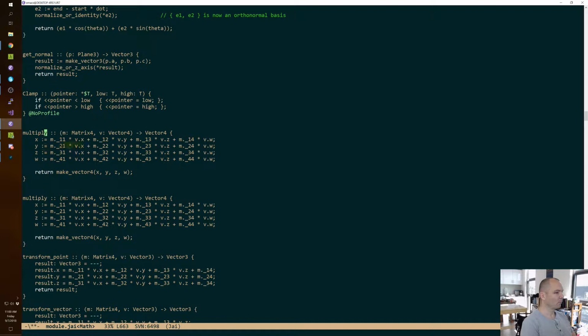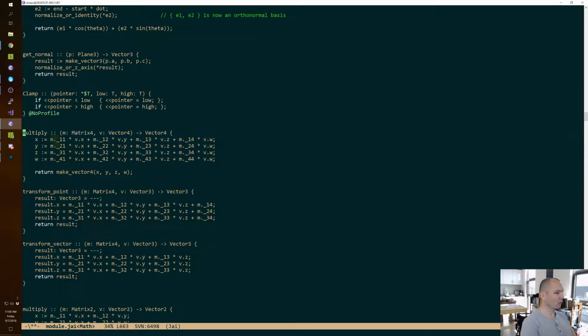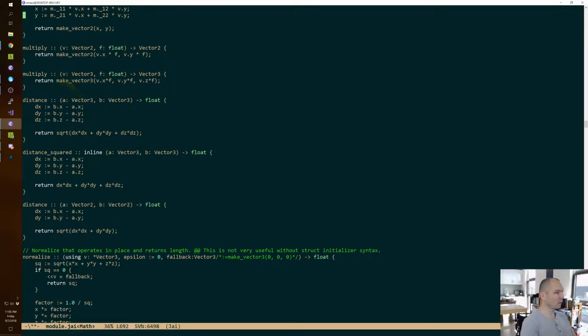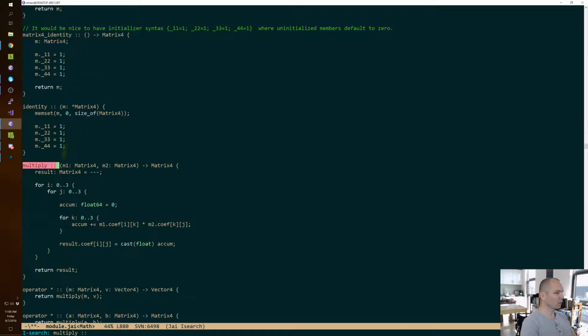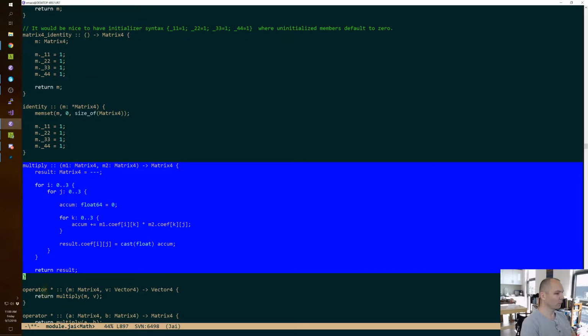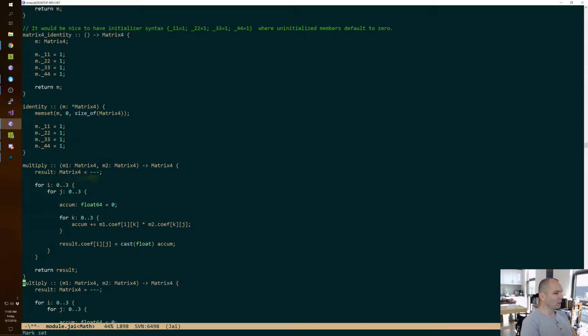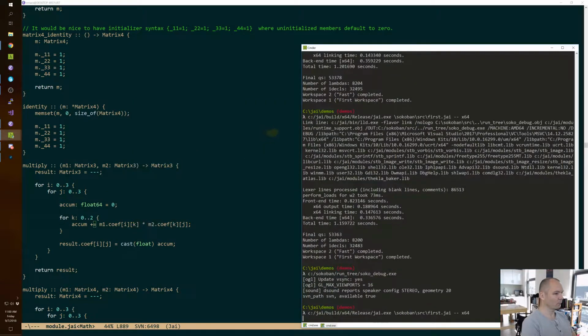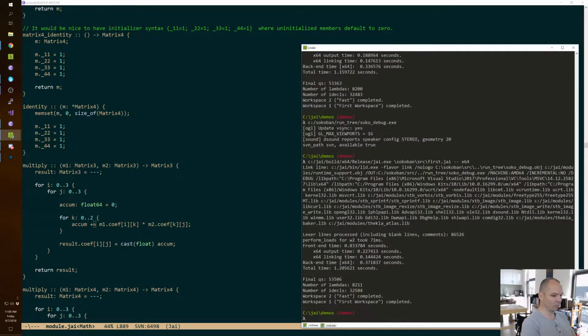Okay, multiply, M, oh wait, that's a matrix vector. Where are our matrix multiplies? There we go. So we just replace the 4 by a 3. And that's it, I think.